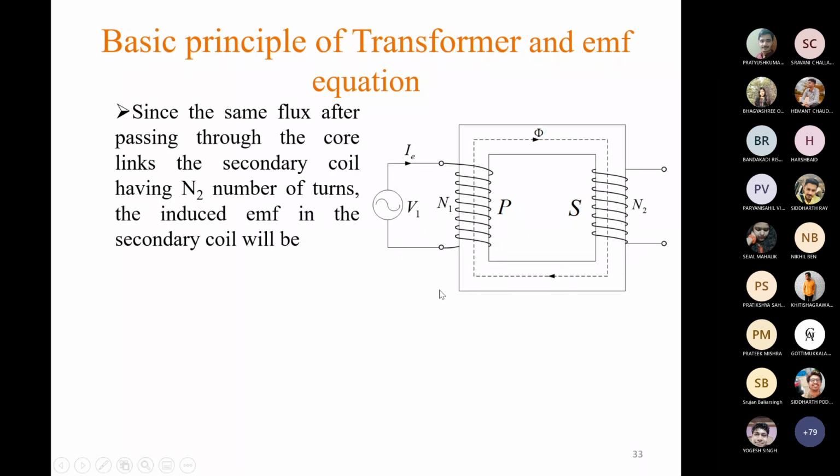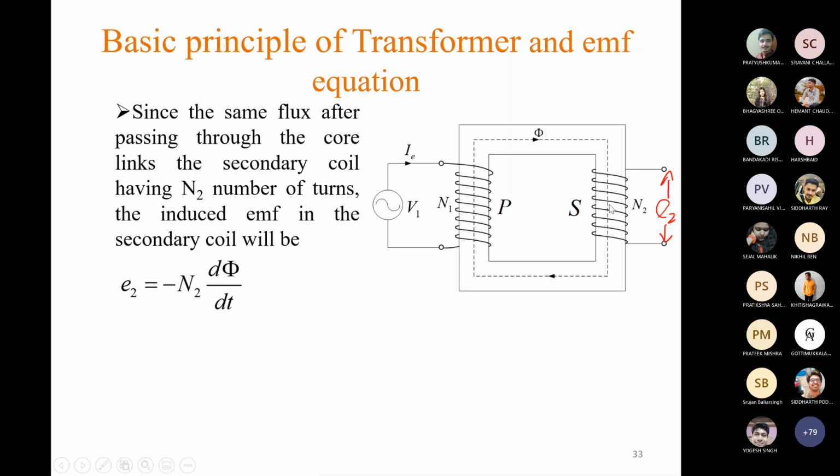Therefore we can use Faraday's law, E equals minus N d phi dt. So for the secondary winding, the equation will be E2 equals minus N2 d phi dt. N2 is the number of turns in the secondary coil, and E2 is the induced EMF across the secondary winding. So across these two terminals we will get E2.